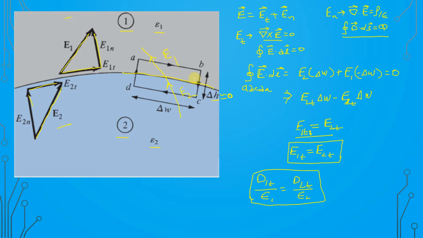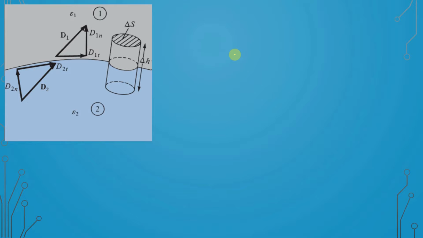Now we need to find out the normal component. For normal component, we assume this type of surface. This is called a pillbox surface, and this is basically a cylindrical Gaussian surface.